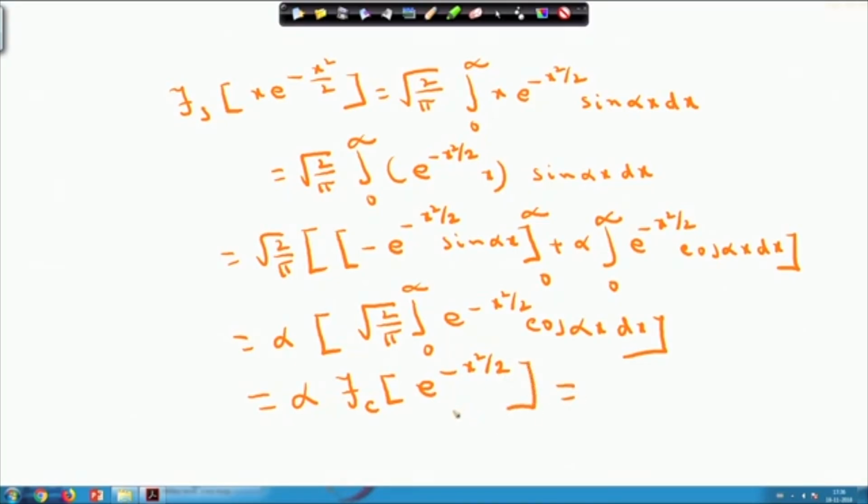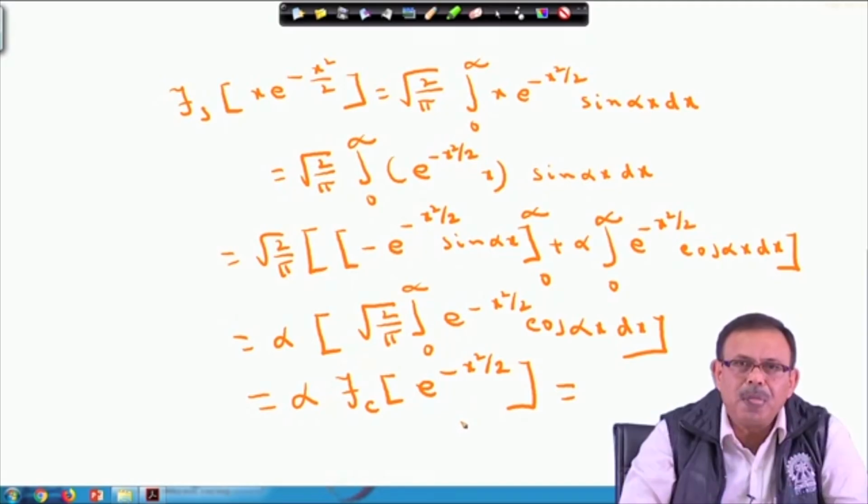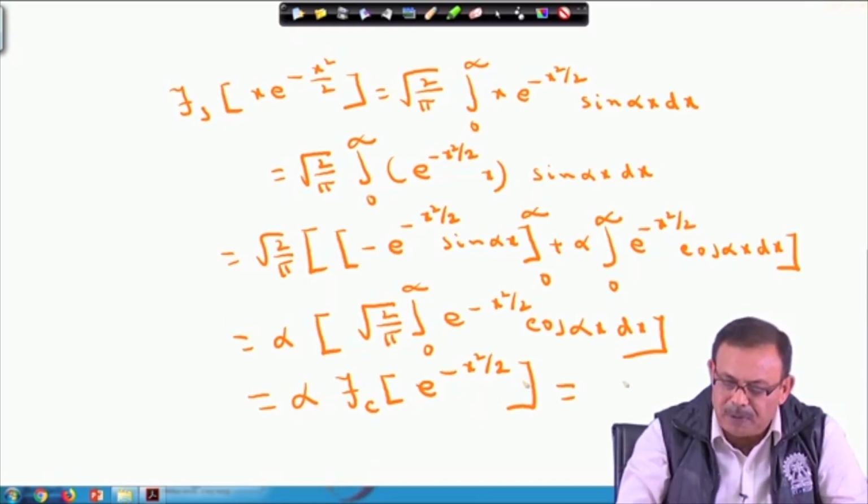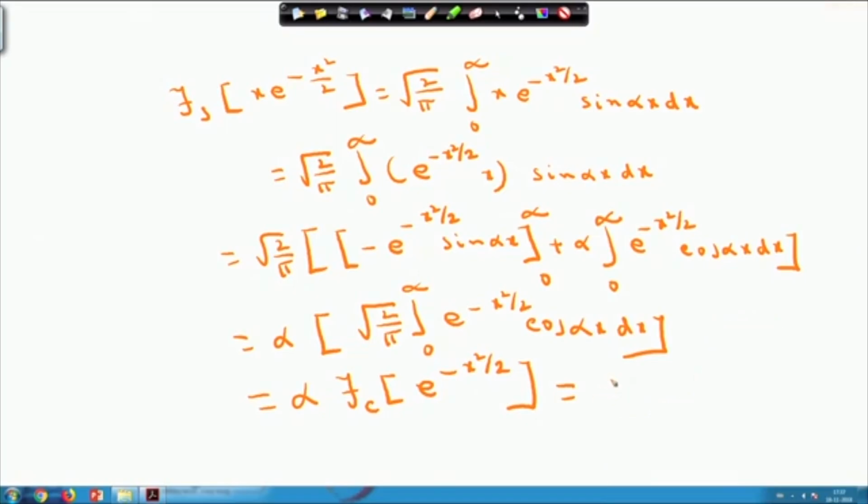So this equals the Fourier cosine transform of e power minus x square by 2, and I already know it, because just now in the last example we evaluated it and the value is e power minus alpha square by 2. So, the value will be alpha e power minus alpha square by 2.